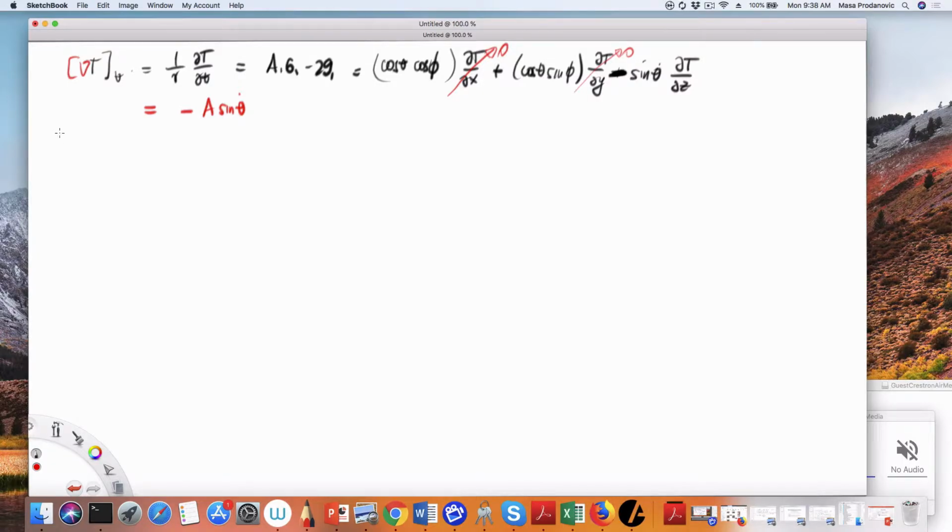So my dt dr is a cosine theta, and my 1 over r dt d theta is minus a sine theta as r tends to infinity. That's my boundary condition. So all I've done, all of this work, was just to translate my XYZ coordinate system boundary condition into spherical coordinate system. That's all I've done.